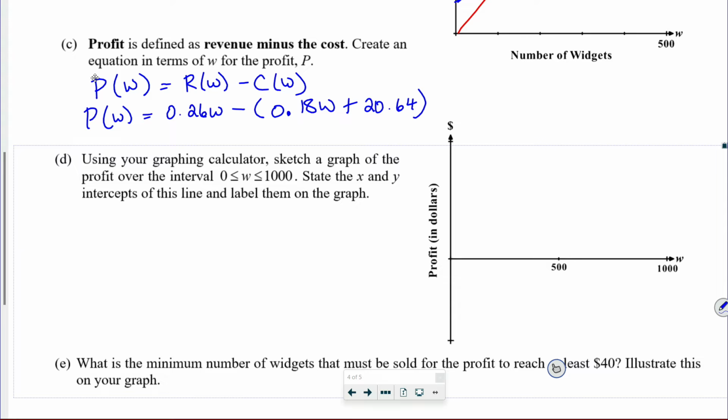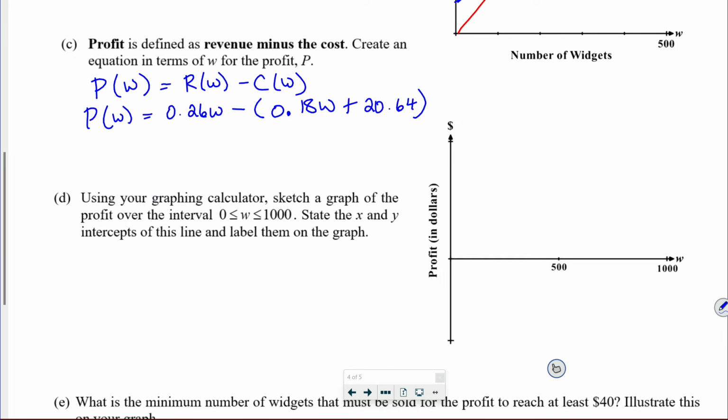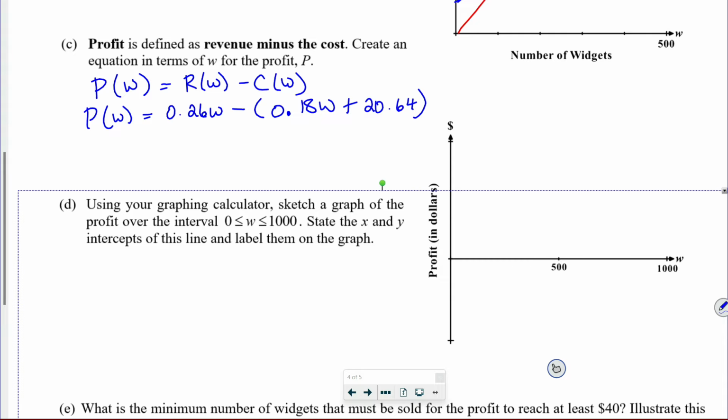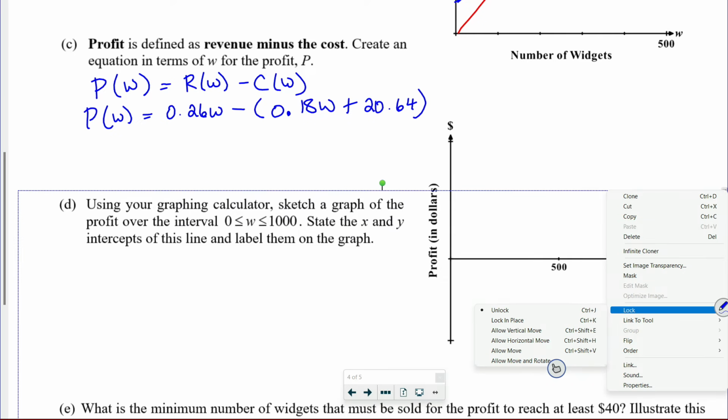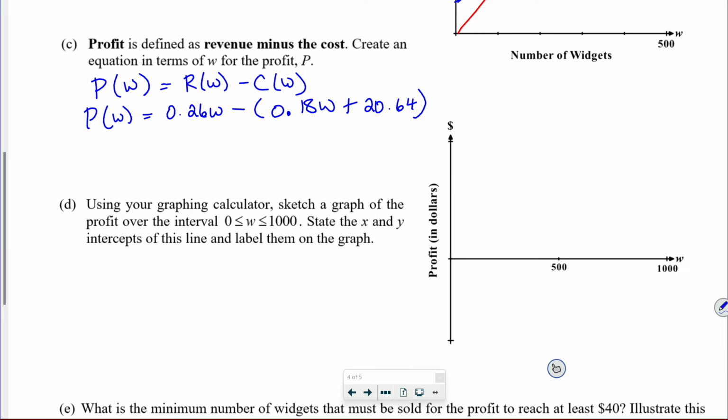I need to distribute that subtraction. I'm going to try to move this down just a little bit so I give myself a little more space. There we are. So I need to distribute that subtraction: 0.26W minus 0.18W minus 20.64.